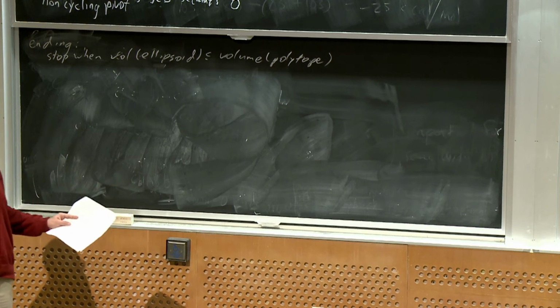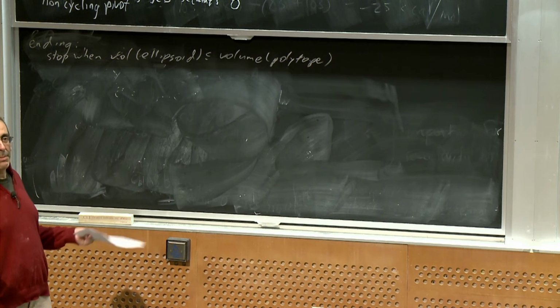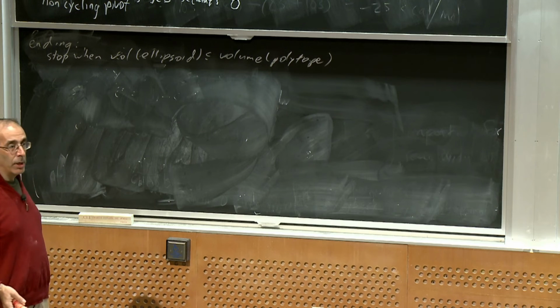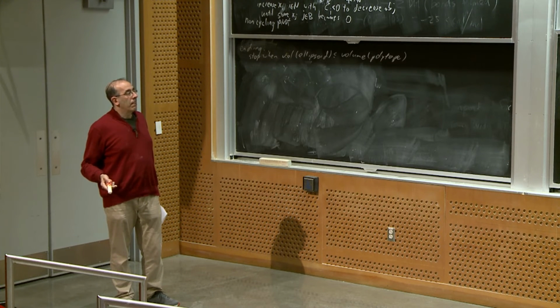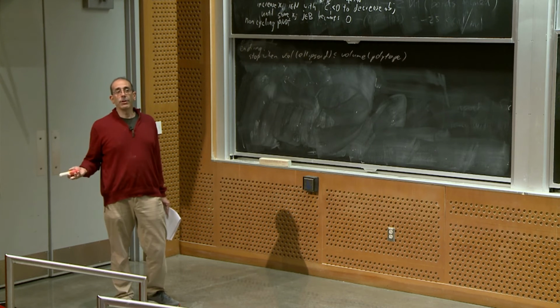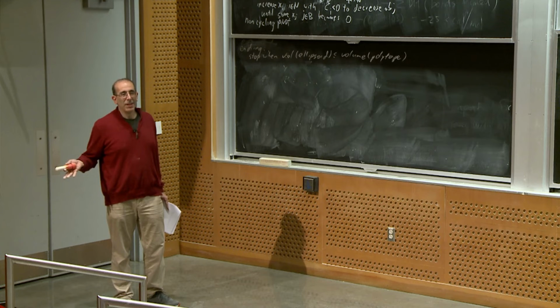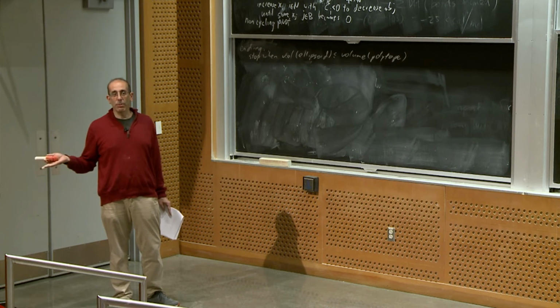So if we can just lower bound the volume of the polytope, we're fine. That becomes a bound on the stopping volume of the ellipsoid. Now we immediately have to worry about something. Okay, you can have polytopes that are not full dimensional, right? If I have an Ax equals b constraint, that makes the polytope not full dimensional. What's the volume of that polytope?